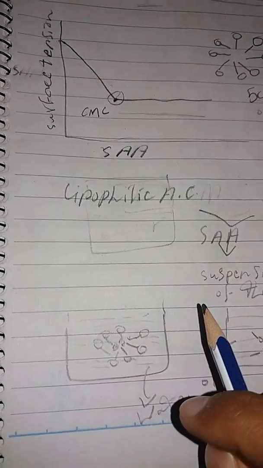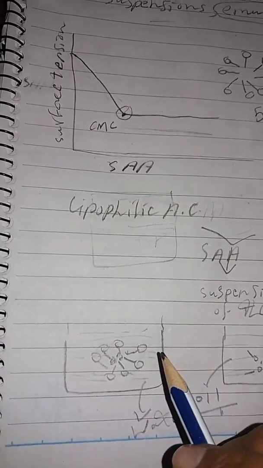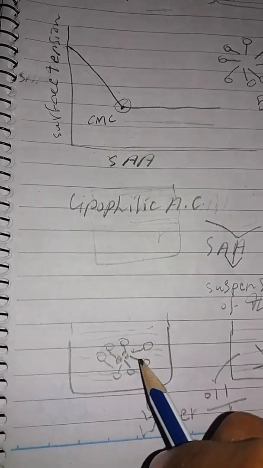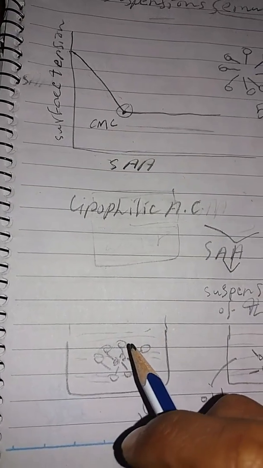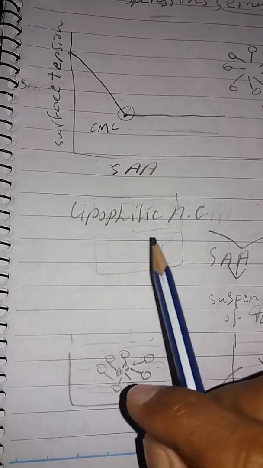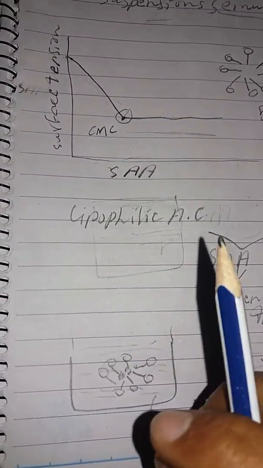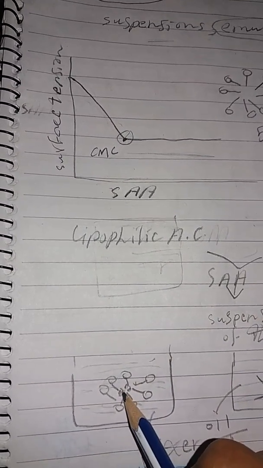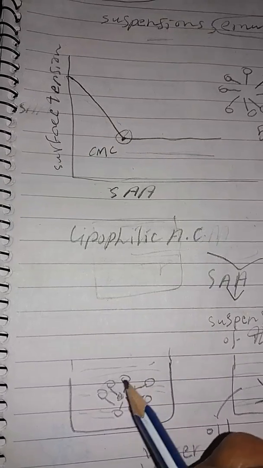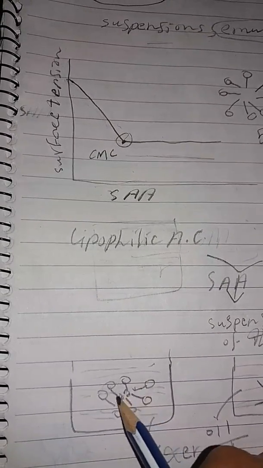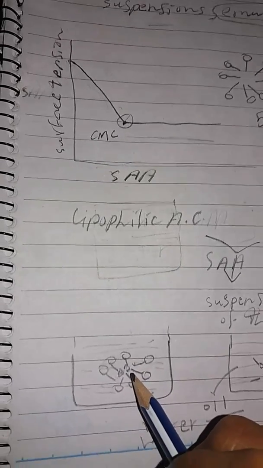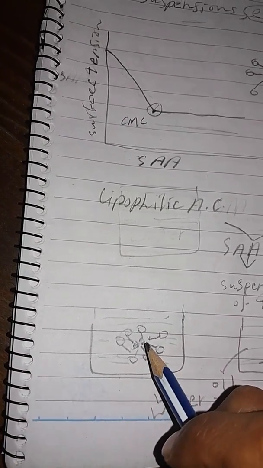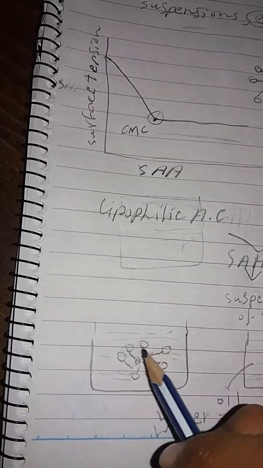The mechanism: by adding the surface active agent and shaking it with the liquid and the insoluble lipophilic active ingredient, the surface active agent will aggregate and form micelles, and the active ingredient will be dissolved in the lipophilic part of the surface active agent, and the hydrophilic heads will be dissolved in the outer phase.